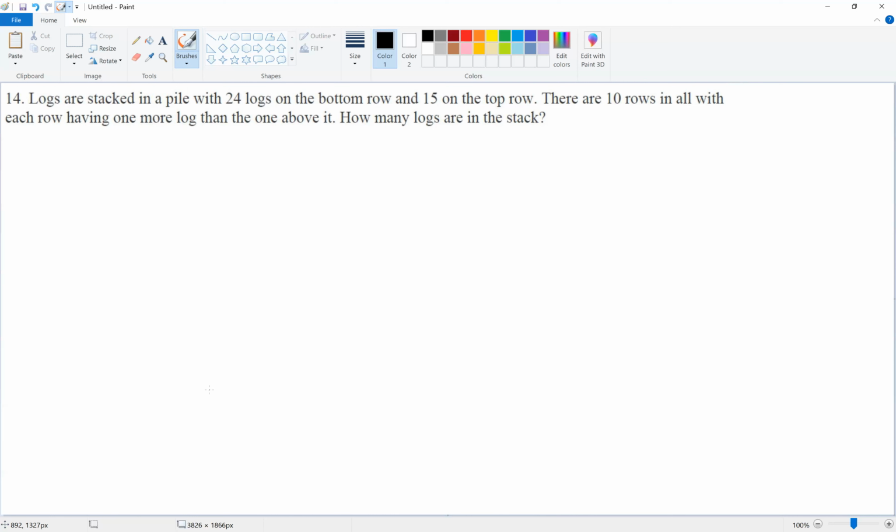Logs are stacked in a pile with 24 logs on the bottom row and 15 on the top row. And there are 10 rows in all, with each row having one more log than the one above it. So that's one. And then would there be another sequence like 24, 25, 26?